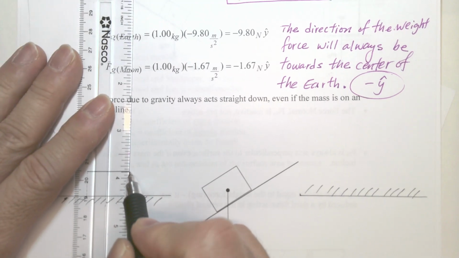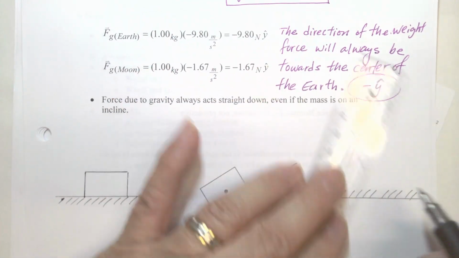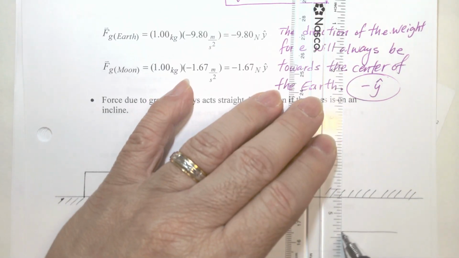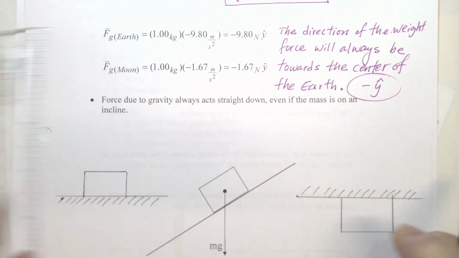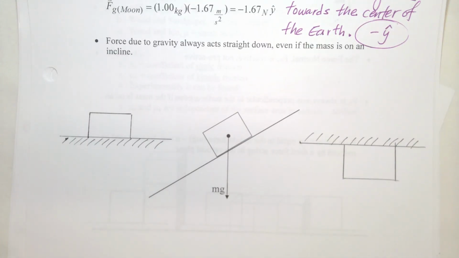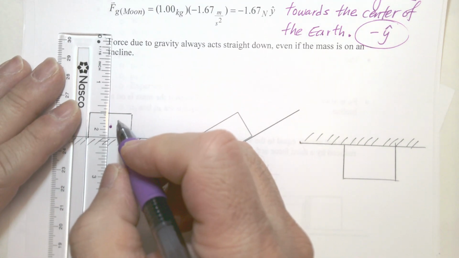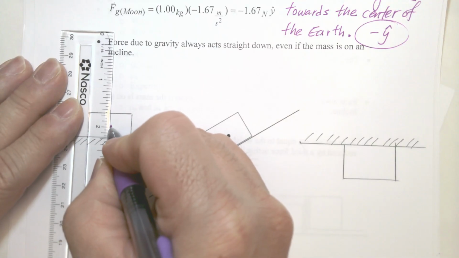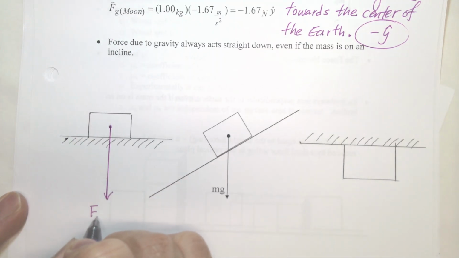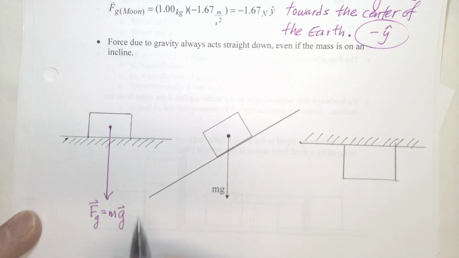Okay? Well, this will give me weight that is straight down, okay? And that's pretty easy to see. And so if this thing is actually on the horizontal surface, our weight will be straight down. It's really that simple, okay? And that weight is simply F sub g, and that is equal to m times g.